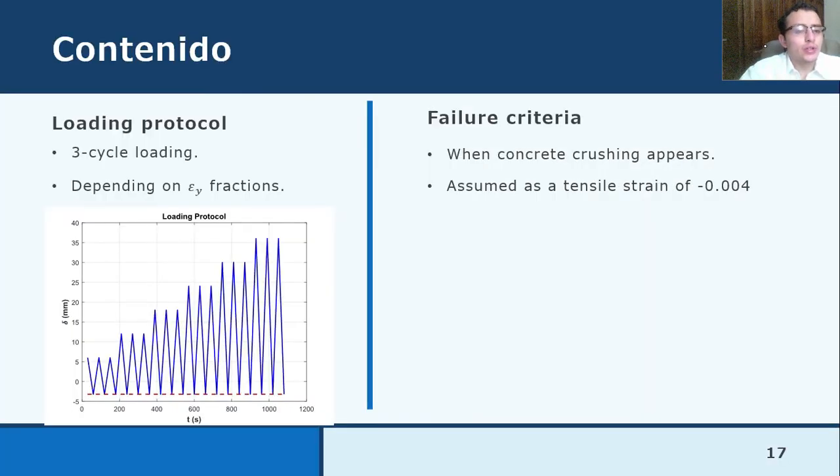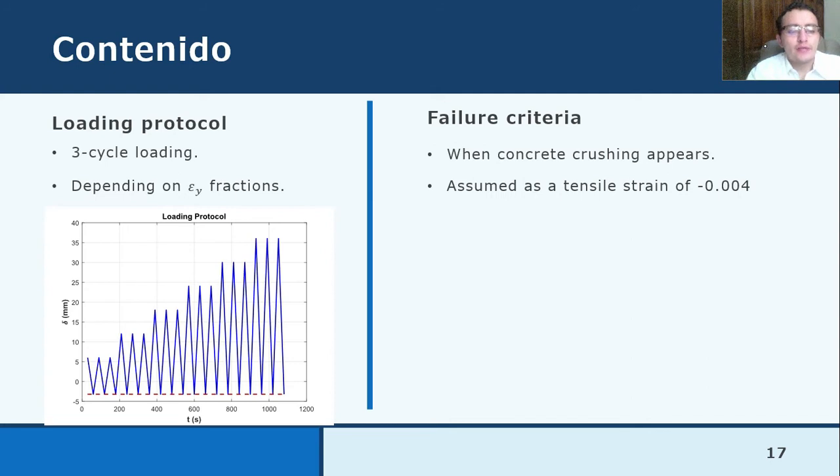Regarding the loading protocol, the specimens were subjected to axial cyclic loads, and the tensile targets were established as a 3-cycle loading, depending on the yielding strain fractions, until reaching the maximum tensile strains that lead to the out-of-plane buckling instability. The compression loads were determined based on the maximum compression capacity of each boundary element.